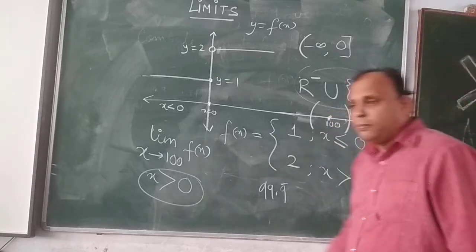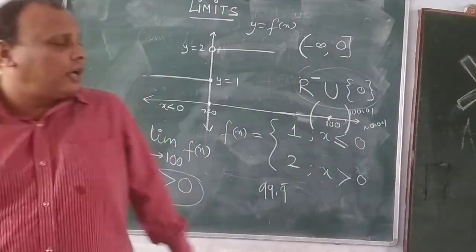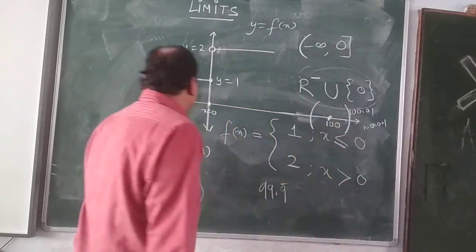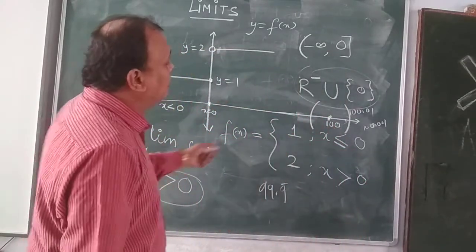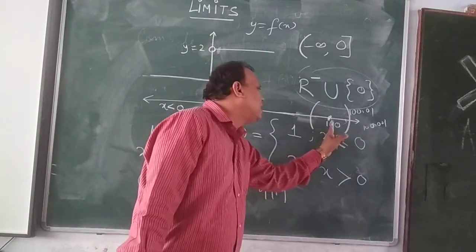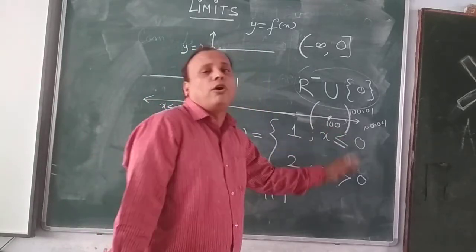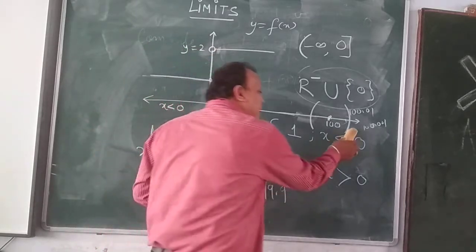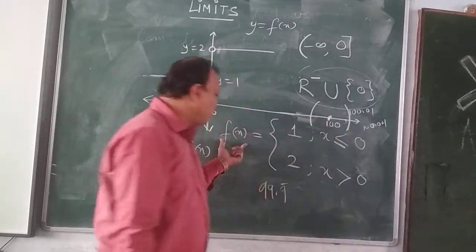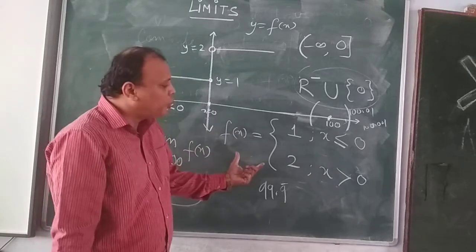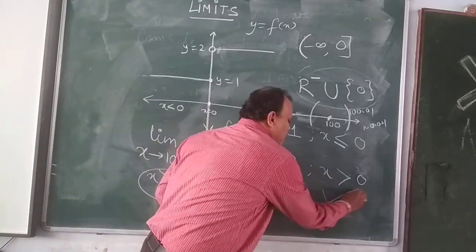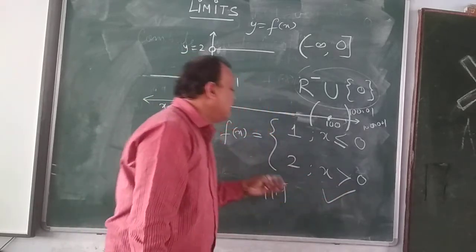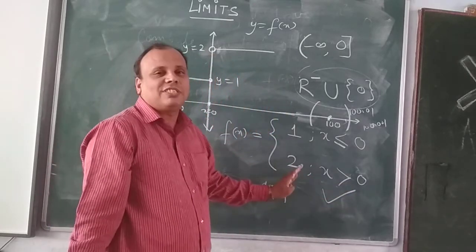In this particular neighborhood, what are the characteristics with respect to the given function? It is very clear that every point in the neighborhood is strictly a positive real number, and hence we have to find the subdomain of this particular function. For all those values which are positive real numbers, the value of the function becomes 2.